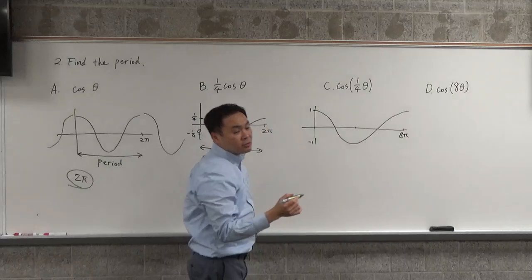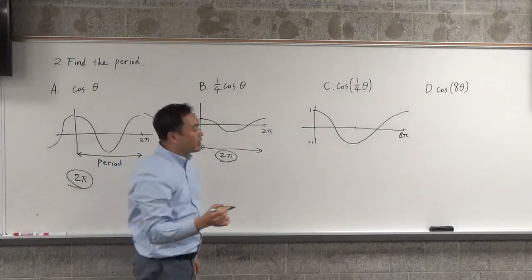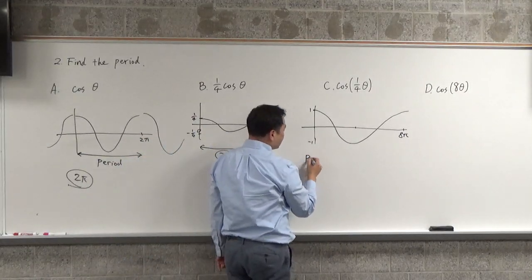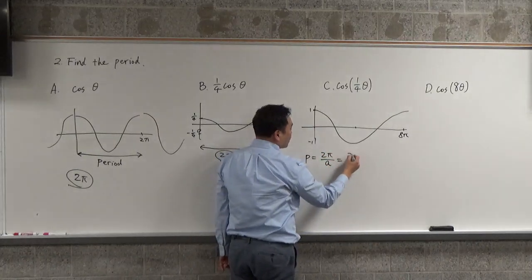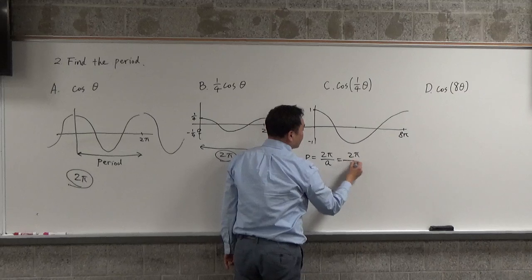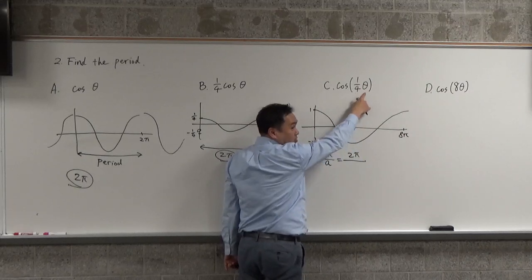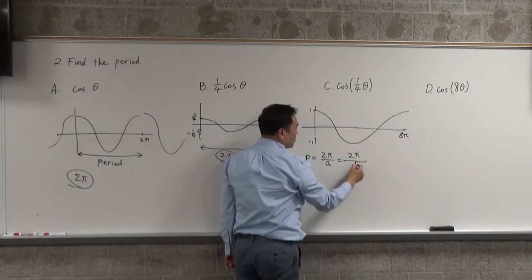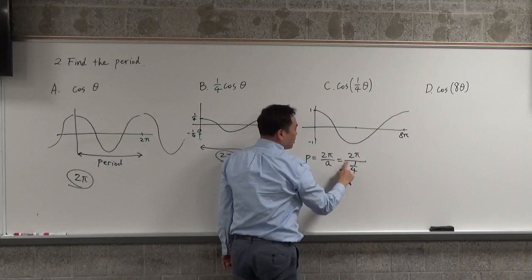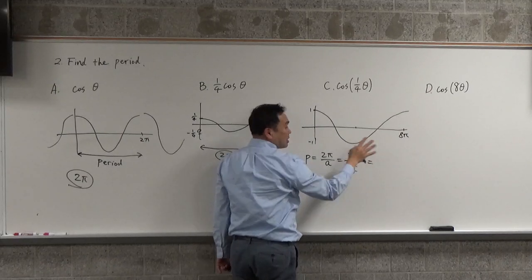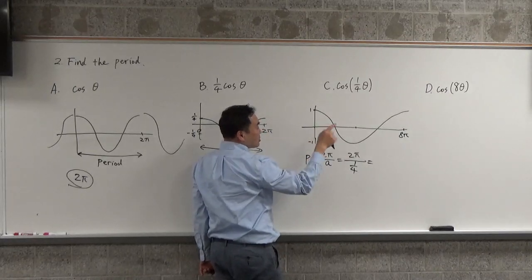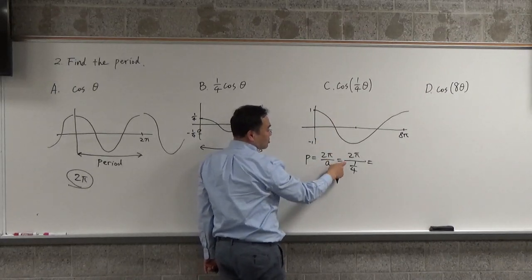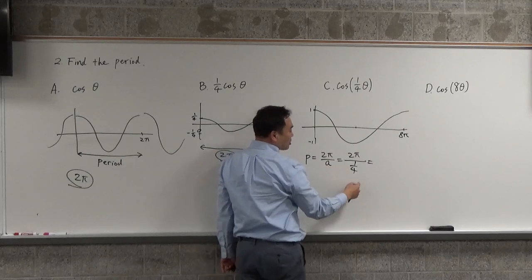Now, one of the formulas that I discussed in class was that period is equal to 2 pi divided by a, where a is the coefficient of x, in our case theta. So this is 1/4. Instead of thinking of transformations, you can just take 2 pi and divide it by 1/4.